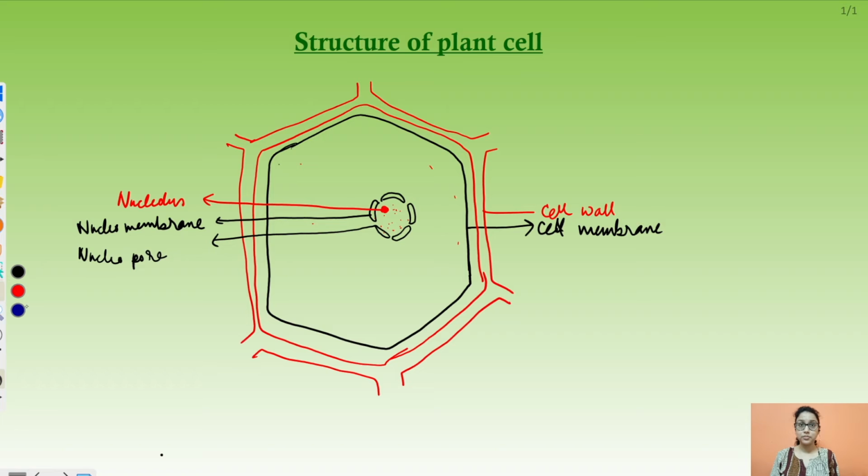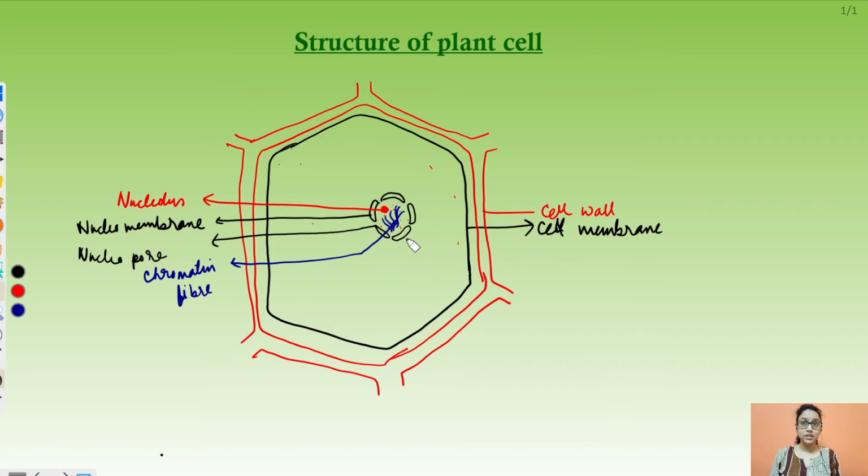In this nucleoplasm, we can observe certain fibers or fiber-like structures which are called chromatin fibers. And this is a well-organized nucleus.